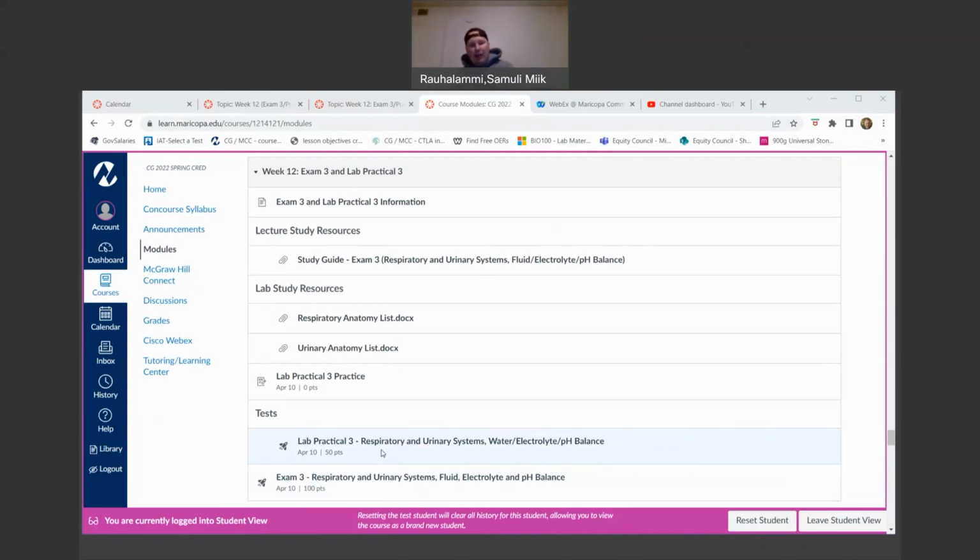balance. And in all transparency, I do want to be honest that there are fewer practical questions that we can ask from the final chapter, water, electrolyte, and pH balance, since that's more of a physiological take on expanding on what we saw with the urinary system physiology, making it relevant to the entire body's scale: looking at where the fluids are stored in the body, the effect of charged particles and electrolytes on the movement of the fluids, and finally considering a little bit about the pH range of the body and how we regulate that.